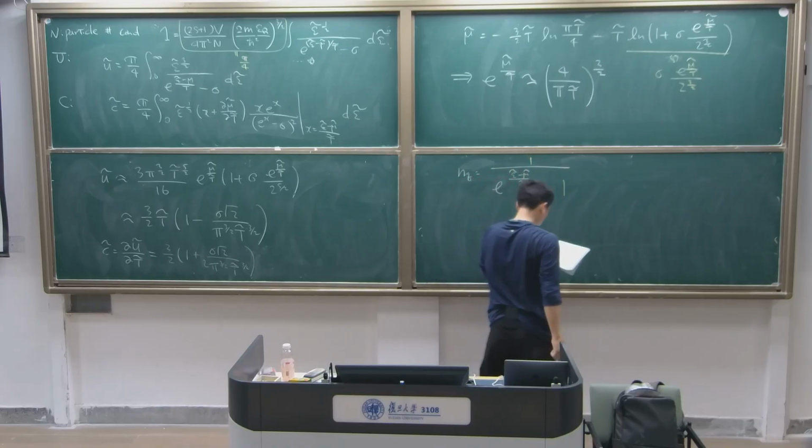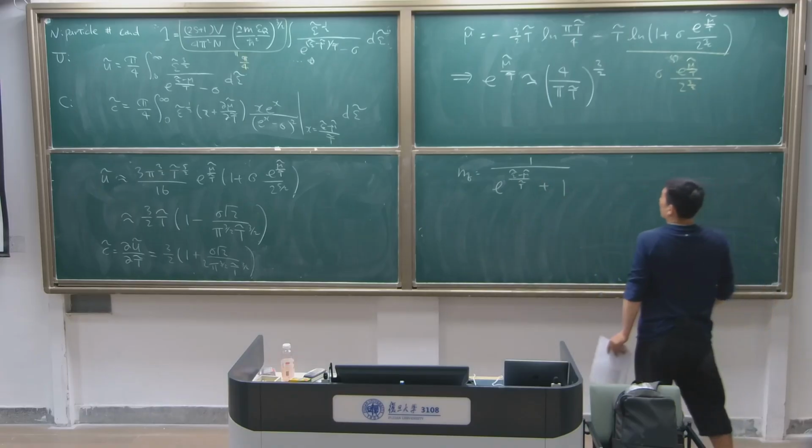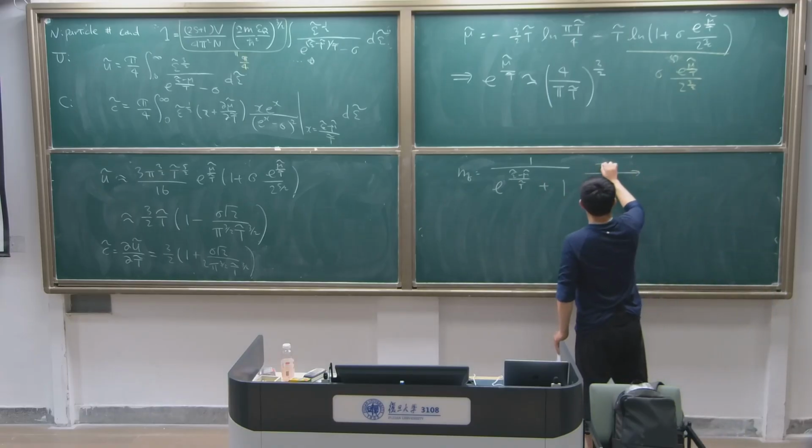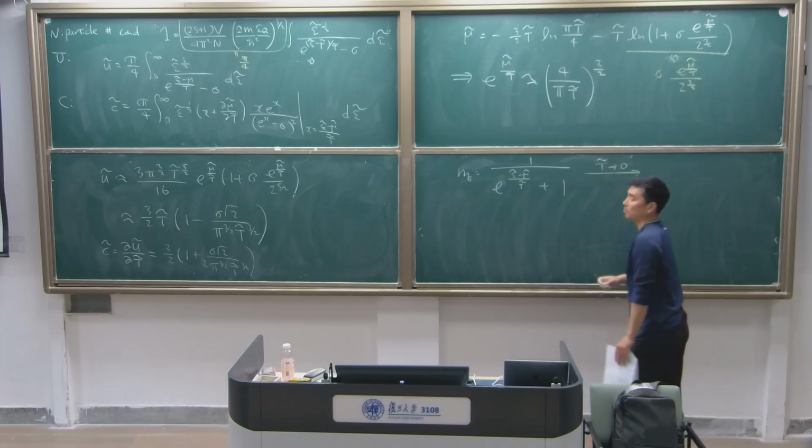When you take t tilde goes to 0, what's going to happen?